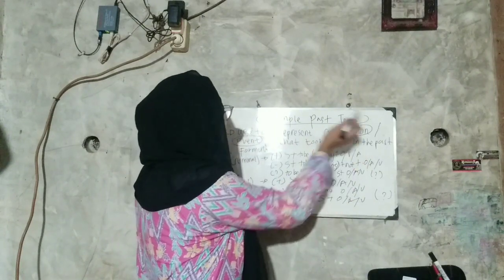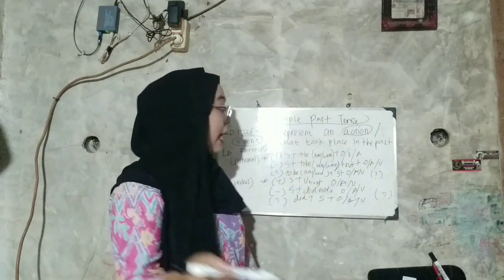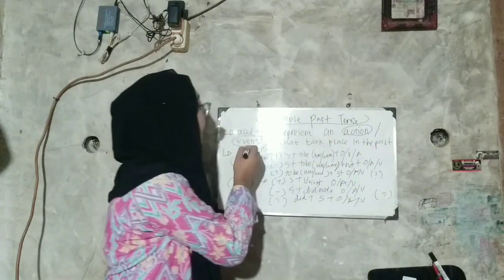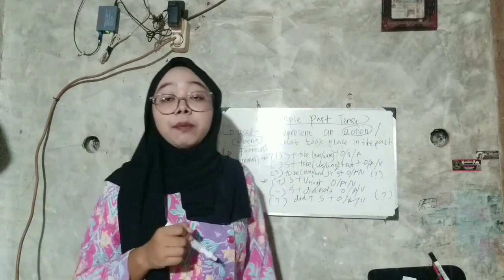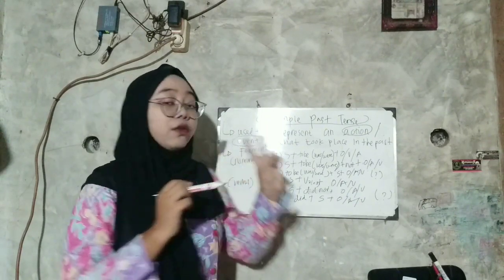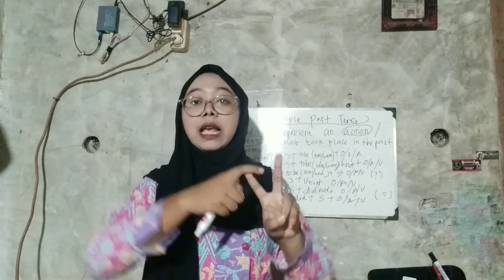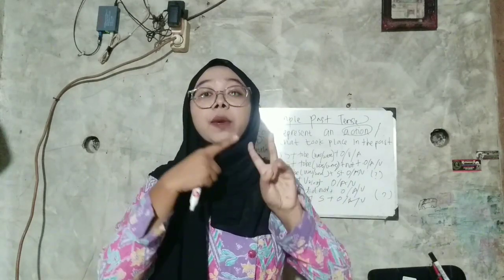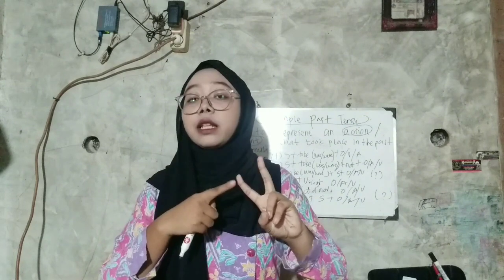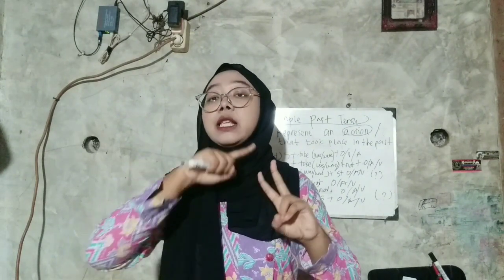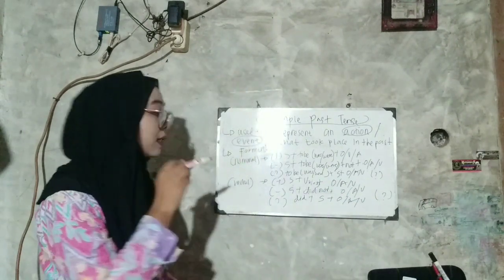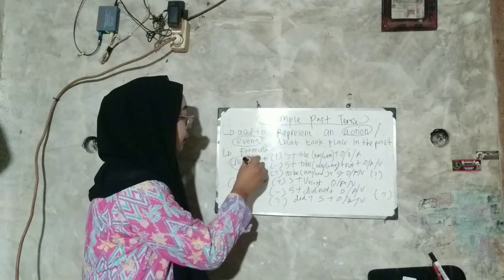The simple past tense is used to represent an action or event that took place in the past. And what is the formula of the simple past? We have two formulas: nominal sentence and verbal sentence. A nominal sentence is a sentence that does not use a verb, but a verbal sentence uses a verb. For the first, the nominal.